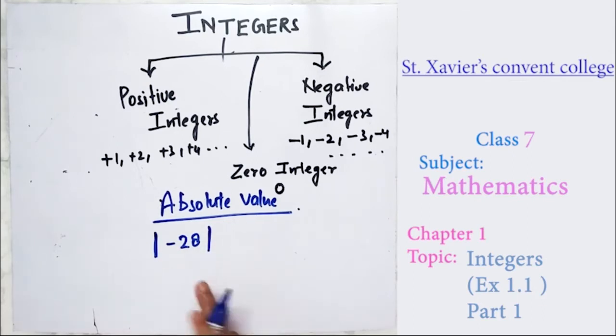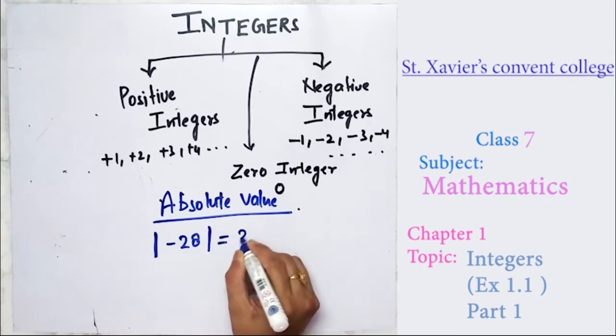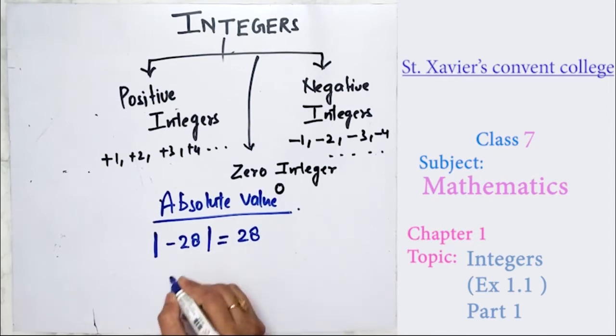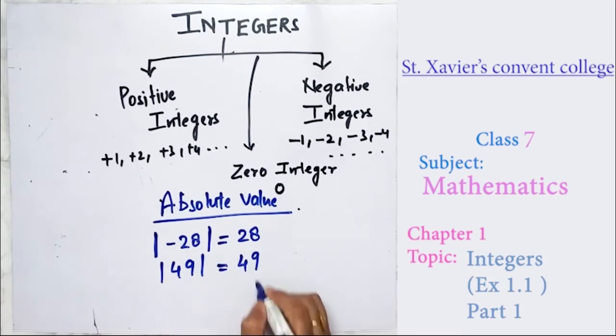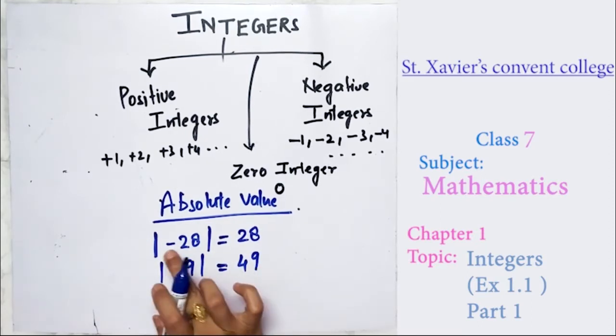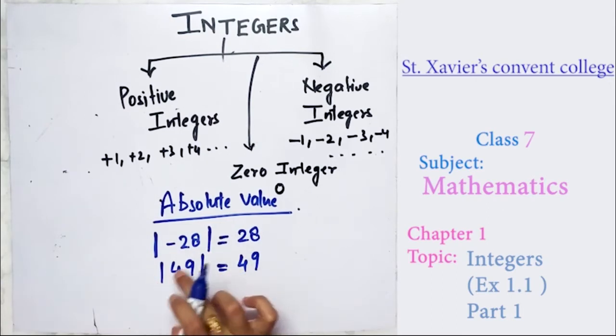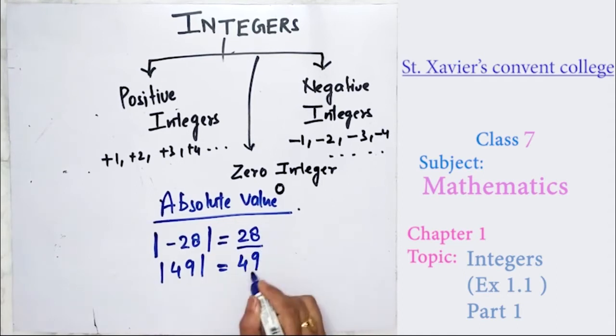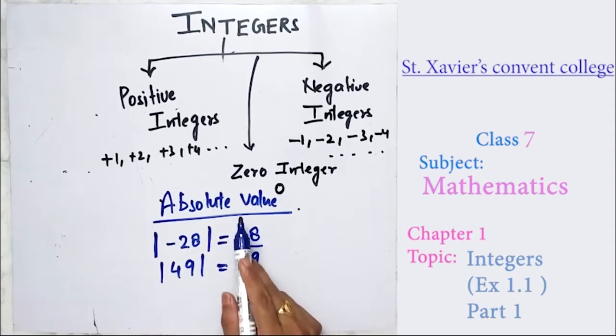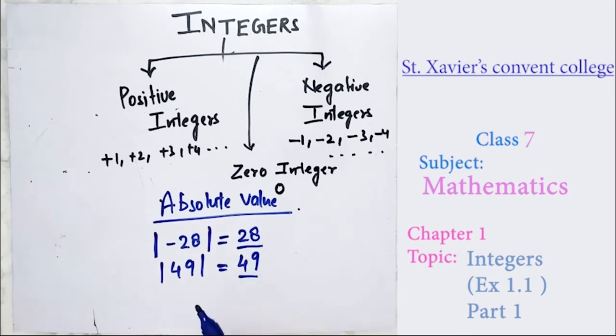This is known as modulus. So it came to be 28. If I write 49 in these two parallel lines, again it will be 49. Whenever your number is enclosed within these two parallel lines with any sign, the sign doesn't matter to you. You are only dealing with the numbers given. This is known as the absolute value.